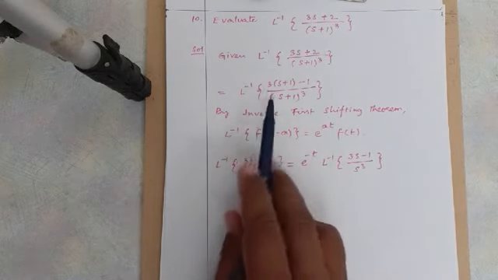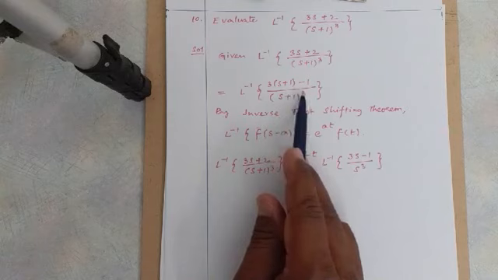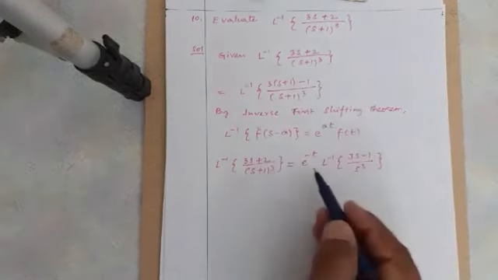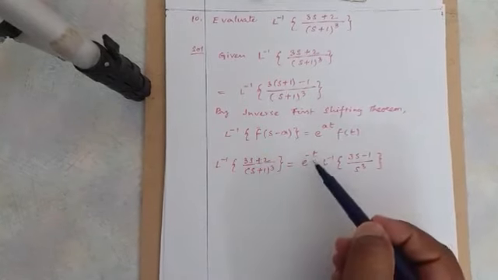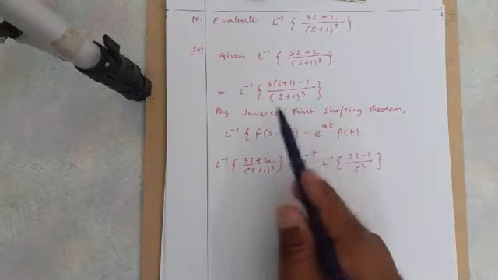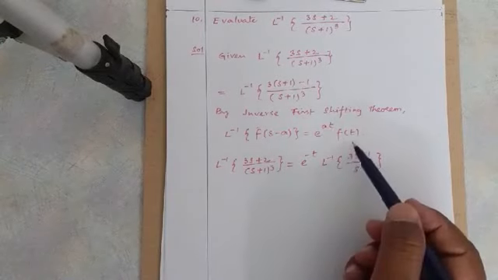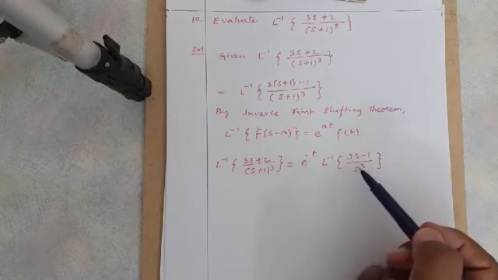So here we write s plus 1 minus 1 by s plus 1. Here, in the place of a, we write minus 1, in the sense a is nothing but minus 1. Then L inverse, f bar s minus a is nothing but this one. This is f of t.